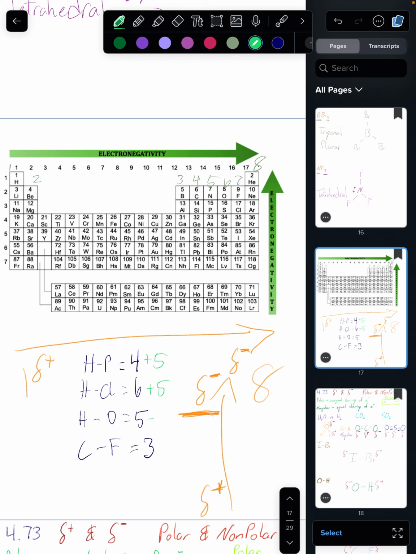And oxygen, though, gets a +6. Our fluorine also gets +6. So final count would be 9, 11, 11, and 9.